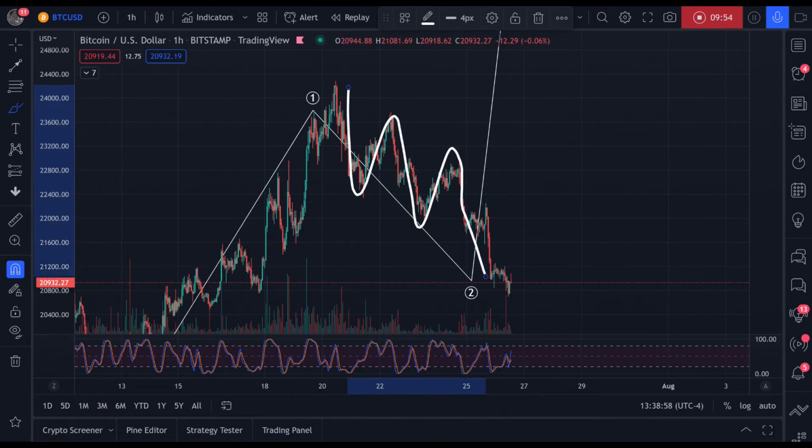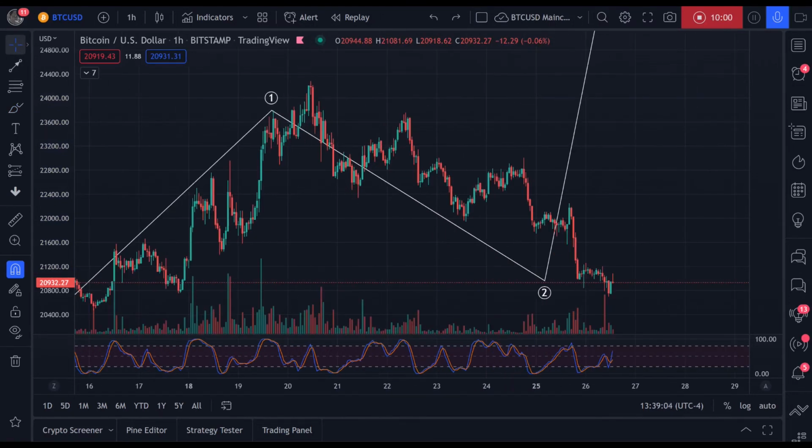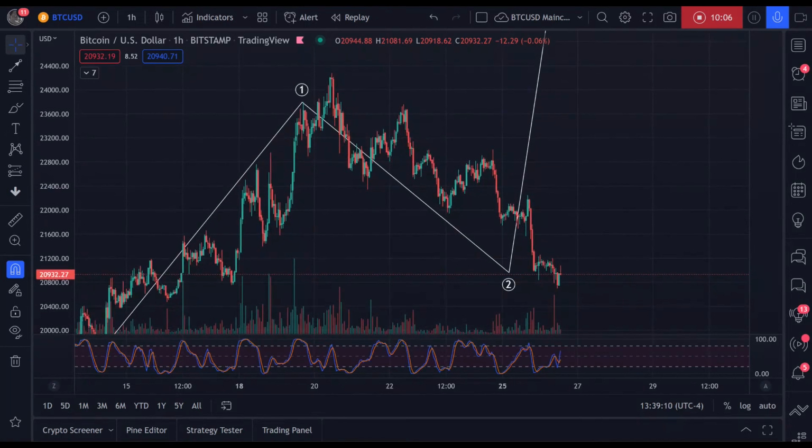Okay, and what move is that? All right. Upon closer examination, I think it's clear that this is a sort of ending diagonal 3-3-3-3-3 structure. Okay, you don't see these all the time in C waves as much as you see them in waves 5, but they do occur.